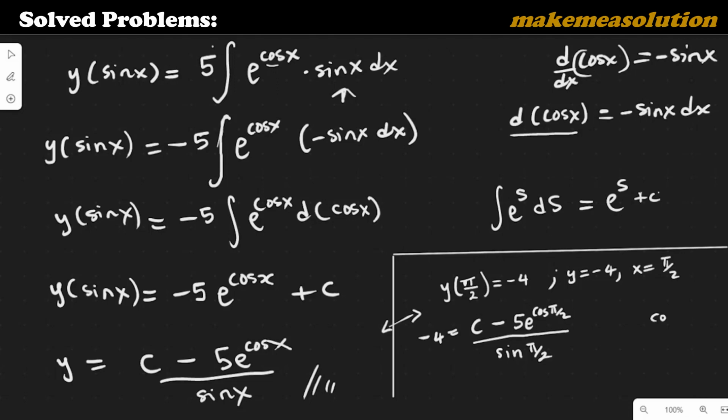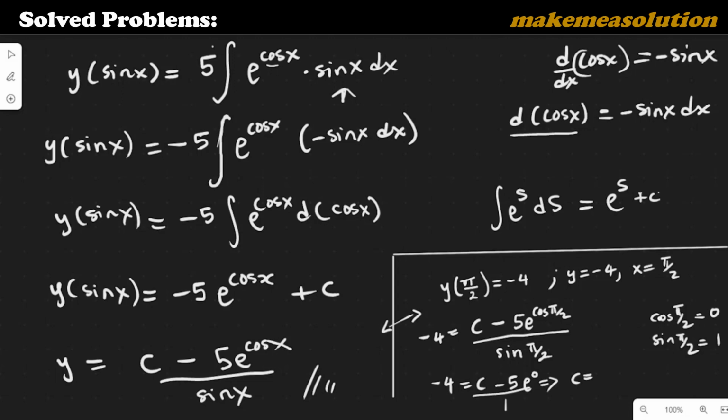Now cos pi over 2 is 0 and sine pi over 2 is 1. Cos pi over 2 is actually cos 90, and sine pi over 2 is sine 90. So you will have minus 4 is equal to c minus 5 exponential 0 over 1.